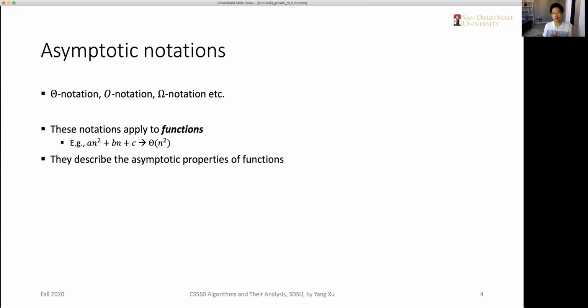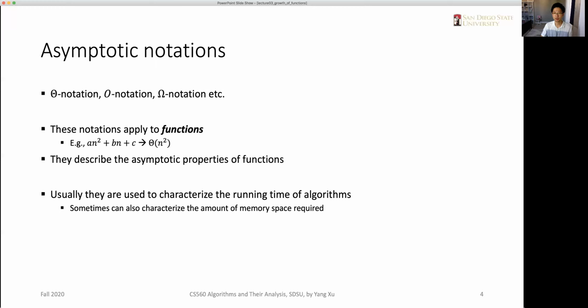These notations describe the asymptotic properties of functions. Usually they are used to describe the running time of algorithms, because we use functions to describe the running time of algorithms. Sometimes we can also use them to describe the amount of memory space, but memory space is not the primary concern of this course.